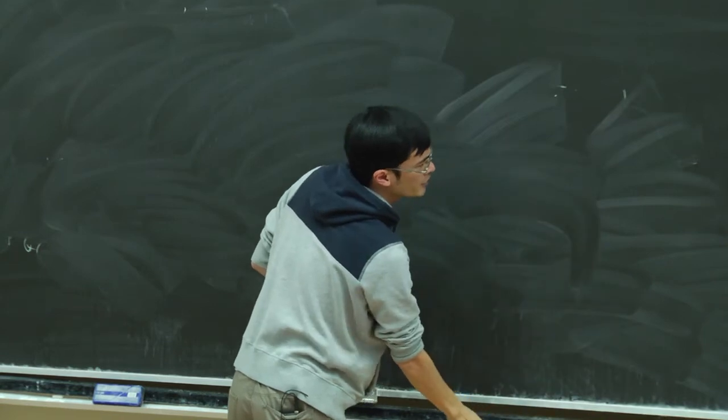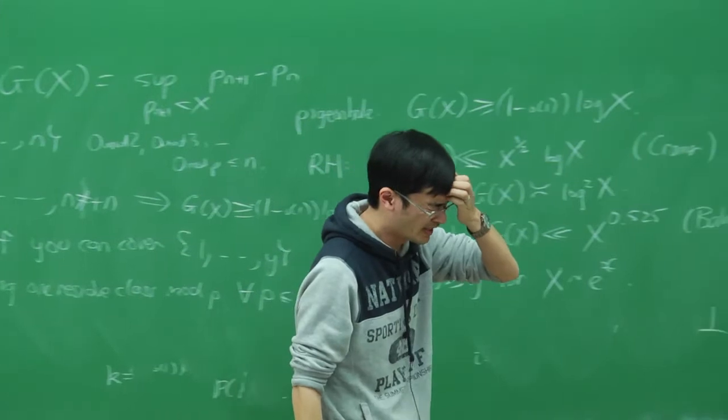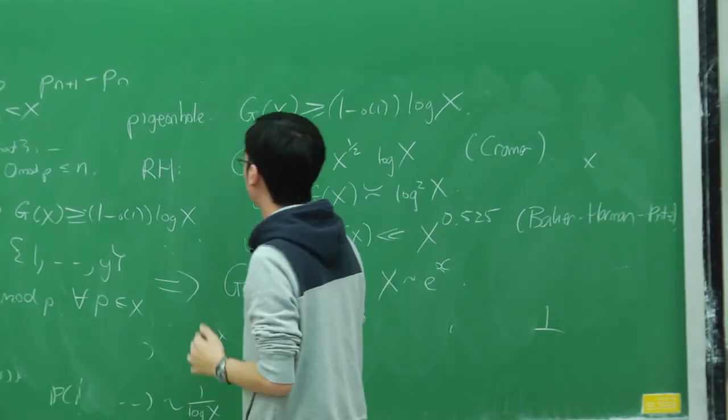So I think the first results that started improving on this trivial lower bound of log x were by Westzynthius, and then Erdős, and then Rankin.